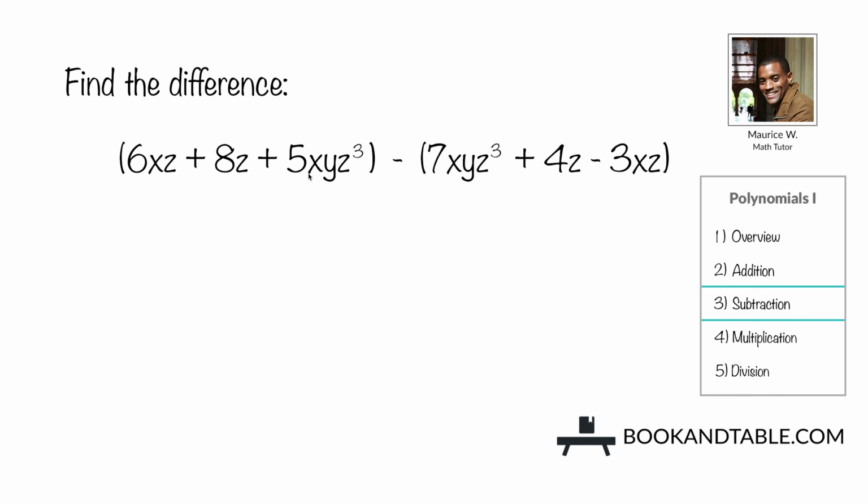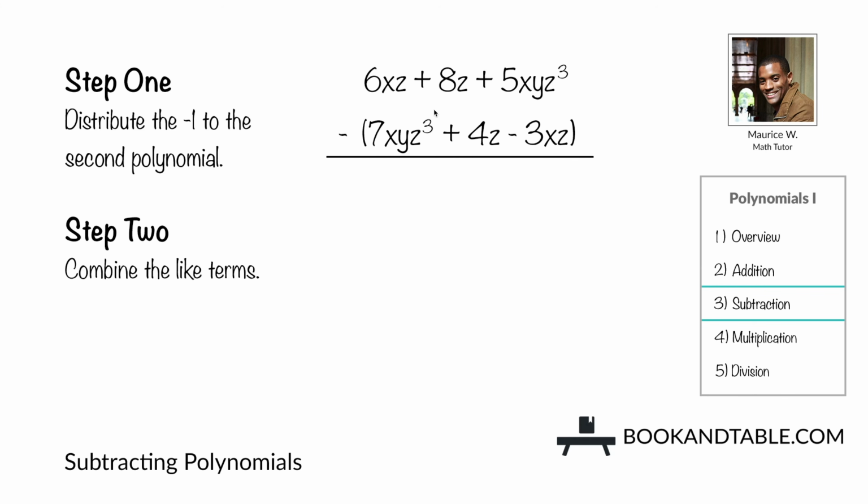Since this polynomial is subtracting this entire polynomial, then you can start by distributing this -1 to each of the 3 terms inside of this second polynomial here. So step 1, distribute the -1 to the second polynomial. The positive 7 becomes -7, positive 4 becomes -4, and -3 becomes positive 3.